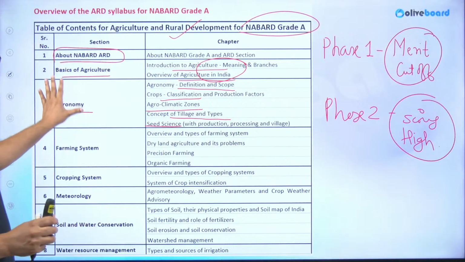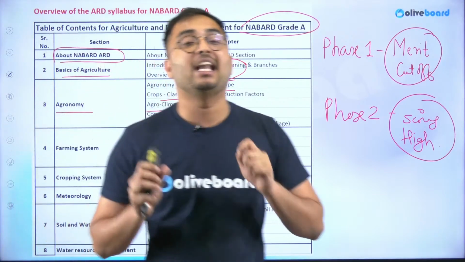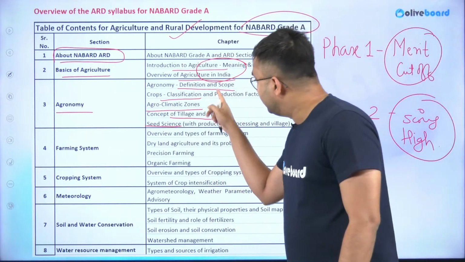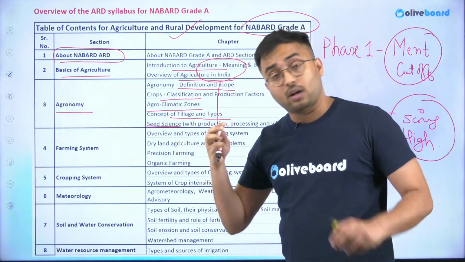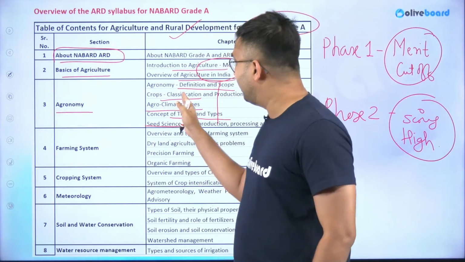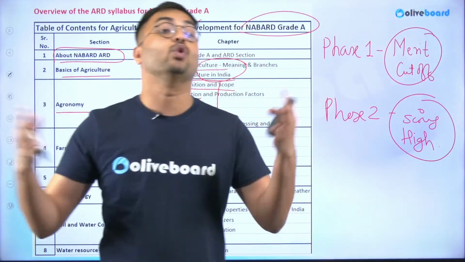In each of these sections or chapters, we will cover only those topics which will help us clear the exam, not vice versa. And if these topics are very important, of course we will give you as much knowledge as possible, but we will never go out of our limits, because agriculture is a subject which has no limit.